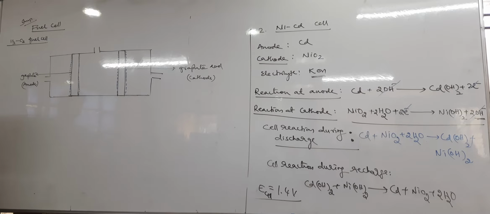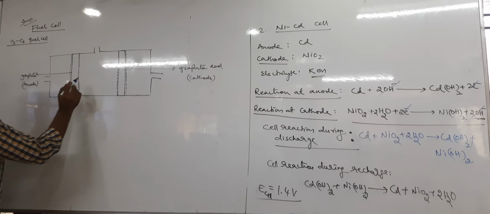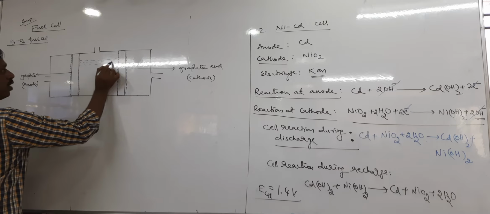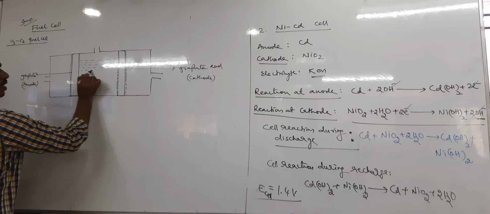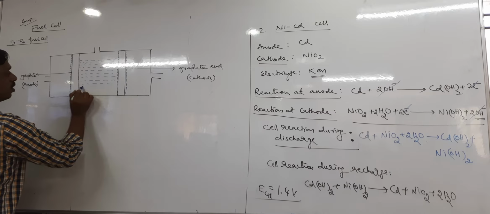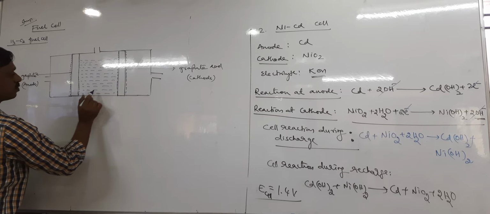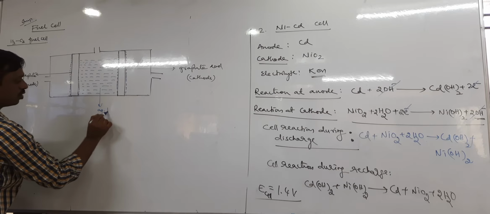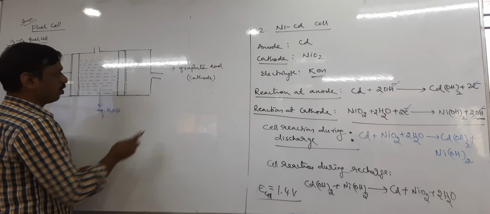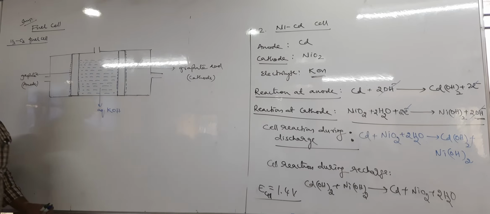Both are graphite rods, and in between the two graphite rods, aqueous NaOH or KOH is taken. That aqueous base, KOH or NaOH, acts as the electrolyte.